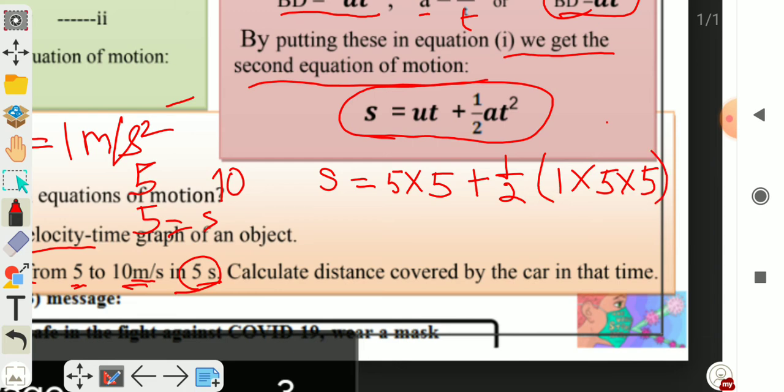So calculate this distance. 5 5s are 25 plus half, 5 5s are 25, 25 multiplied by 1 upon 2.